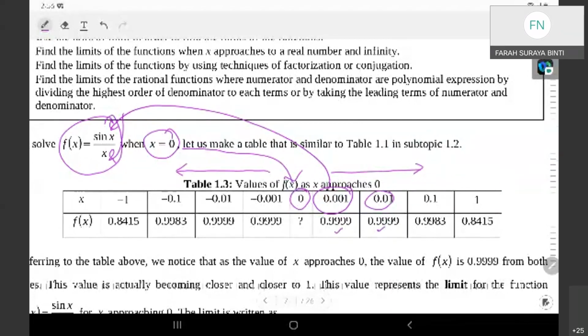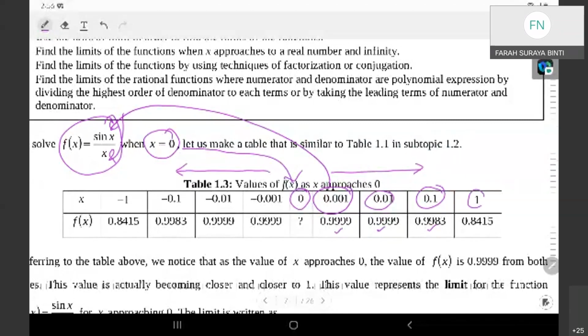Okay, kita test with another value which is greater than 0.01. Let's say 0.1. 0.1, substitute into this function. Okay, tekan calculator, sin 0.1 divide by 0.1. So calculator akan keluarkan jawapan ni.